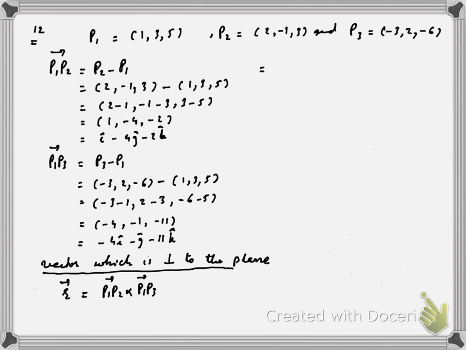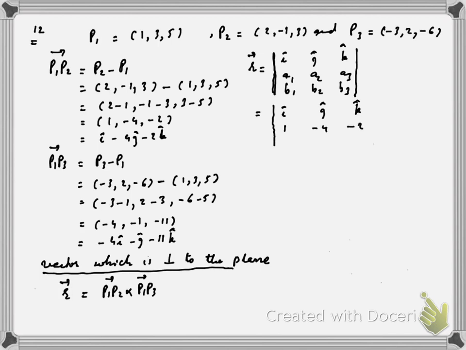It is equal to determinant of order 3 by 3 of i, j, k, a1, a2, a3, b1, b2, b3. a1, a2, a3 are the components of first vector P1P2, which is 1, minus 4, minus 2, and b1, b2, b3 are the components of second vector, which is P1P3: minus 4, minus 1, minus 11.